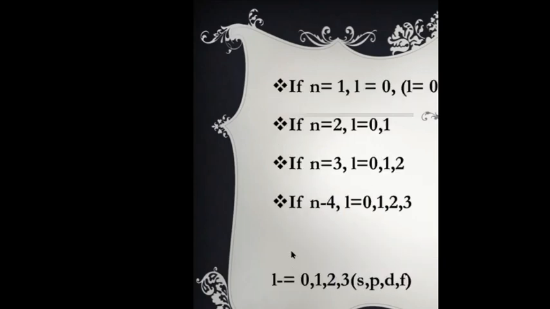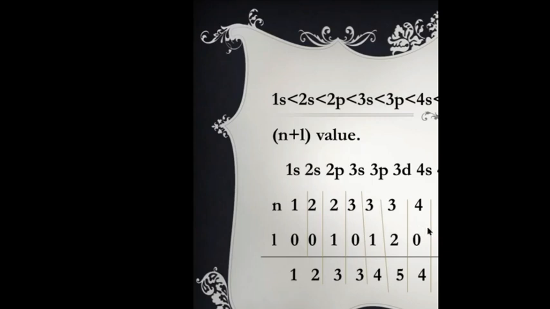As discussed previously, when l is equal to 0, 1, 2, 3, 0 indicates the s subshell, 1 indicates the p subshell, 2 indicates the d subshell, 3 indicates the f subshell. This is how you will be writing the values here. It is an easier way to understand how to draw the energy level diagram.